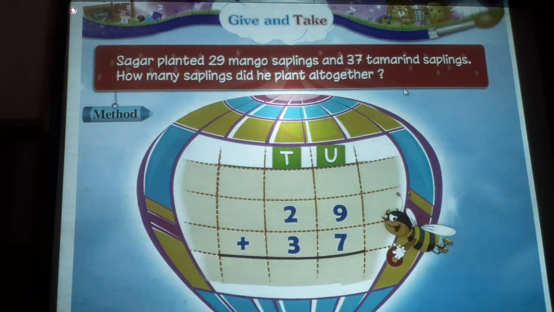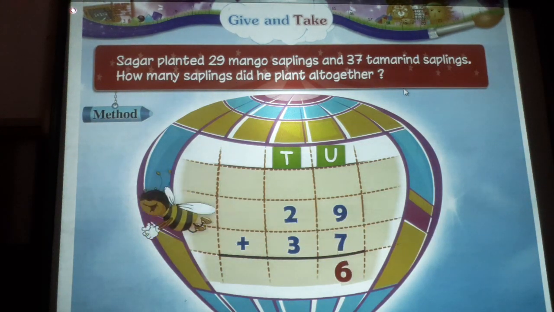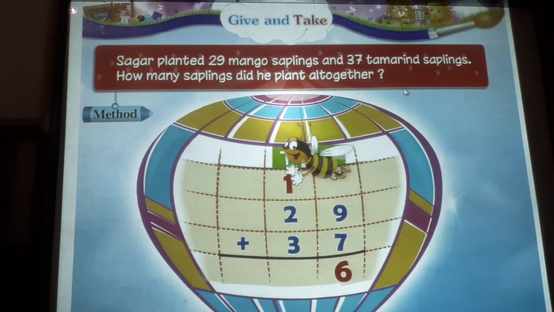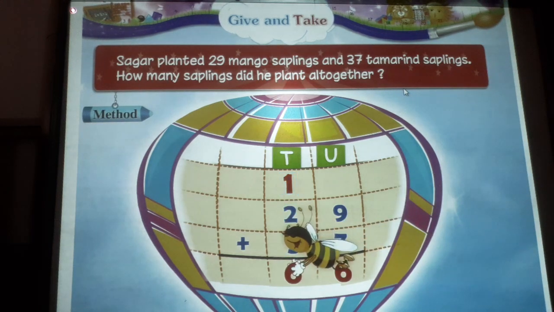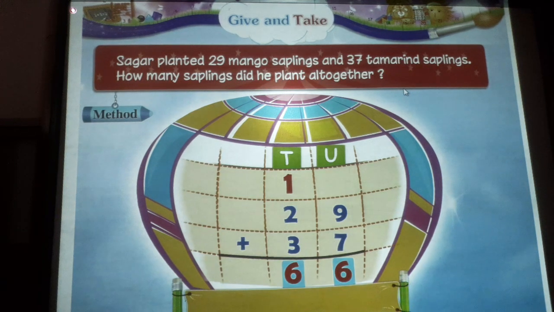We write 6 in the units place and carry over 1 ten to the tens place. Now add 1 ten, 2 tens and 3 tens. We get 6 tens. So, it is 6 tens and 6 units, number 66. So, Sagar planted 66 saplings all together.